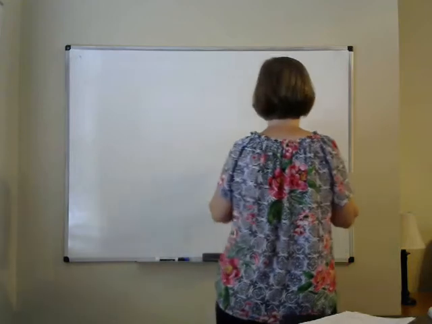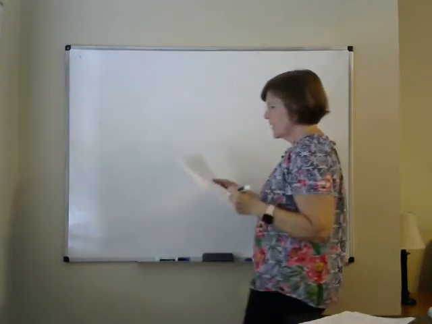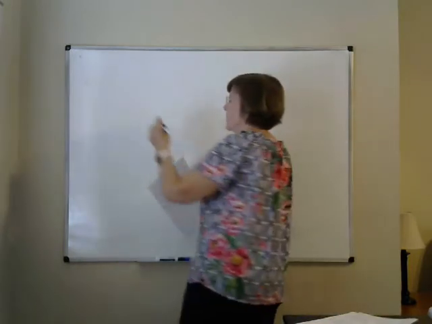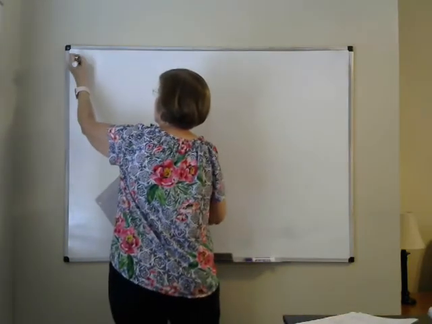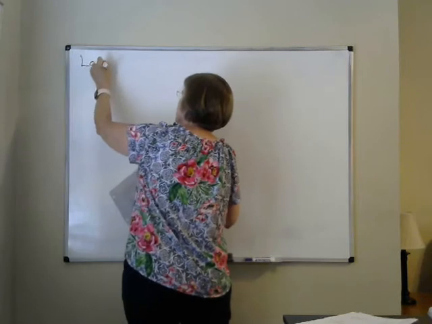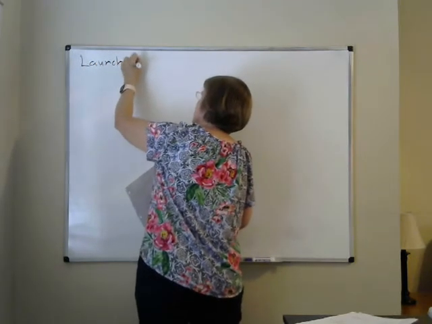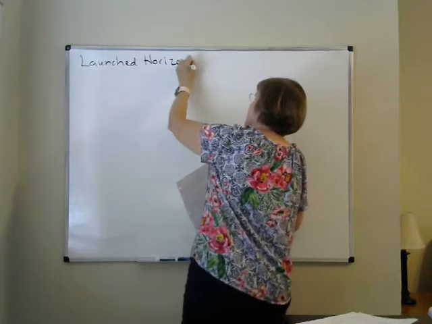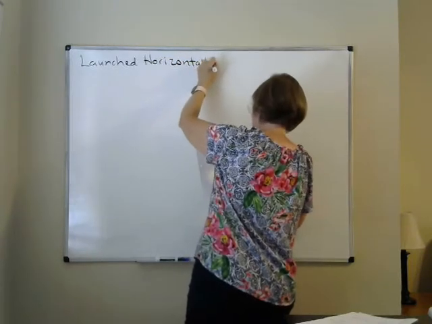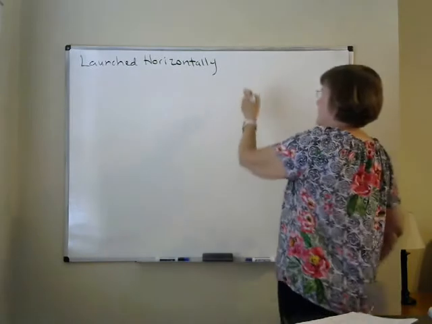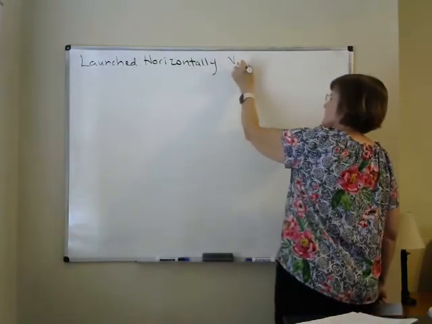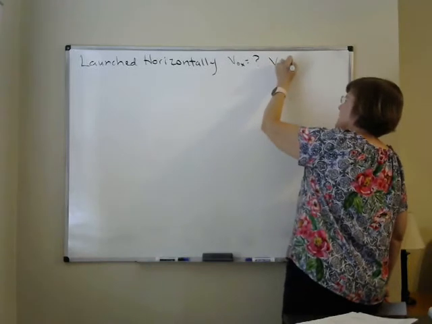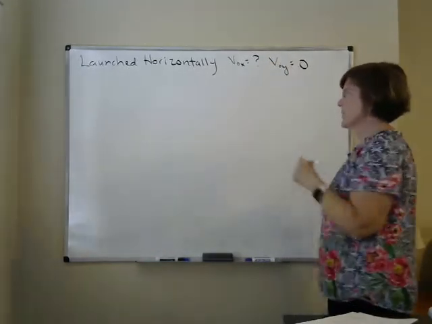This problem says that a cannonball is launched horizontally from the roof of a building, and it lands 4.5 seconds later. So far we know this. It's launched horizontally. They don't tell us how fast, so we can think of this as v0x is a question mark, but v0y is 0 because it is horizontal. We know that.